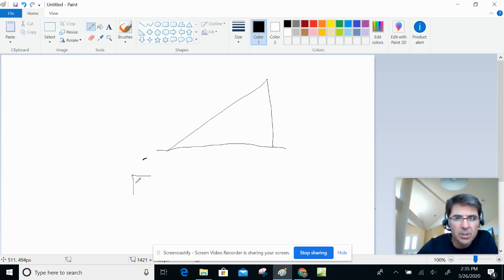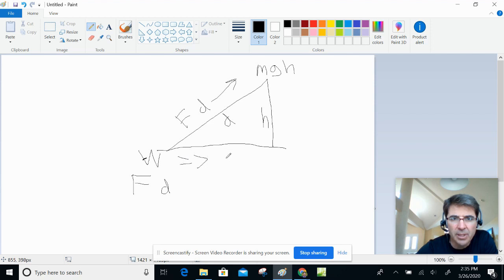The force and the distance up the hill will give you the MGH, where this is the distance here and this is the H up the hill. So this is basically saying that work equals gravitational potential energy, or is stored as gravitational potential energy.